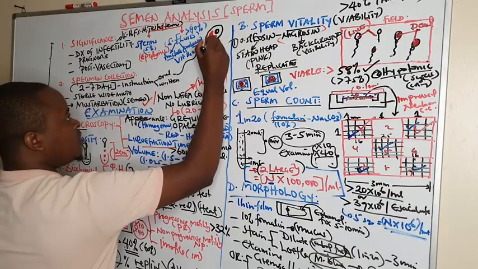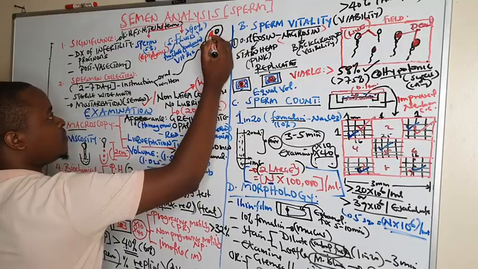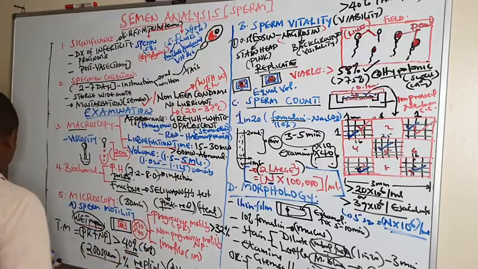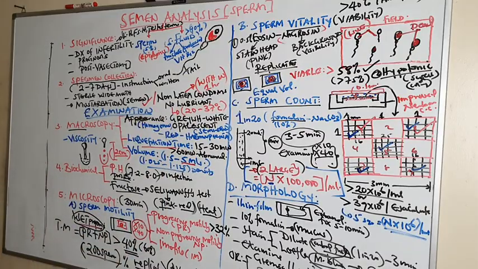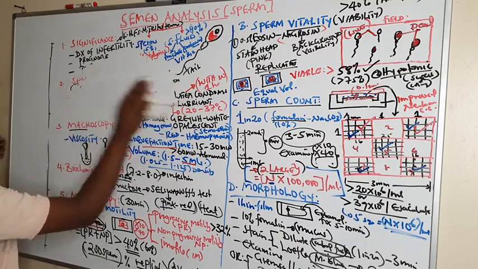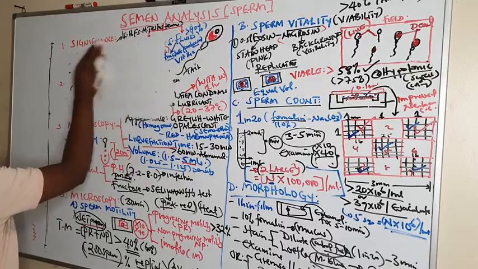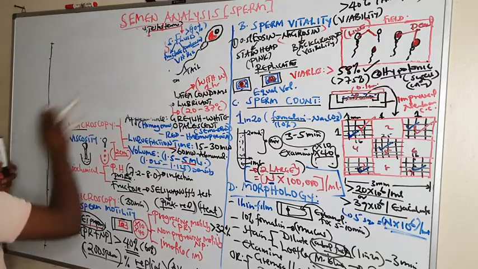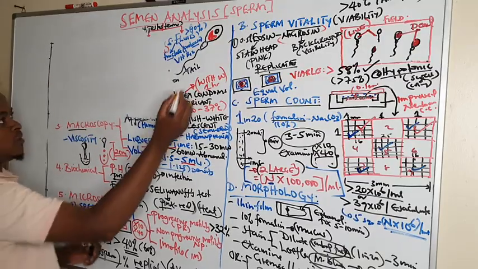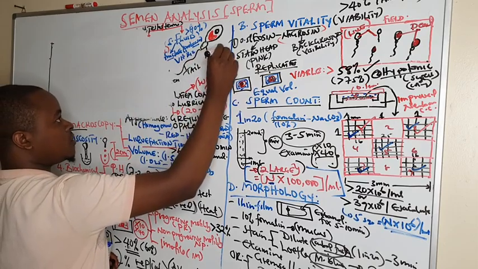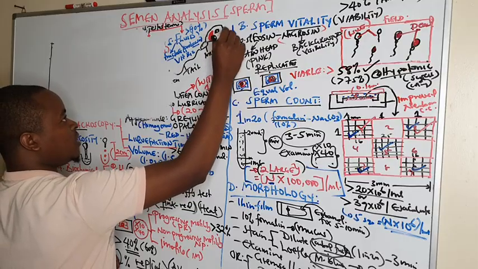The normal morphology of this sperm should have the tail. There is a tail, and another thing we are going to see, we see the midpiece, or what you can call the neck. Then it has also the head.